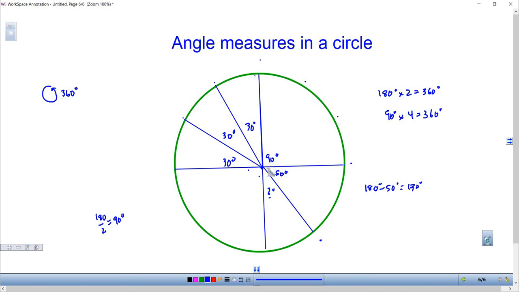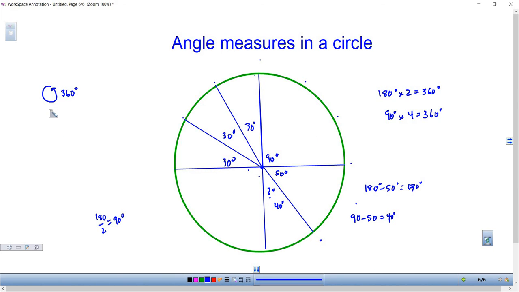Well, we know that these two have to add up to 90, right? Because this is a quarter of a circle, so if I did 90 minus 50, I would get 40, and that would tell me that that angle was 40 degrees.